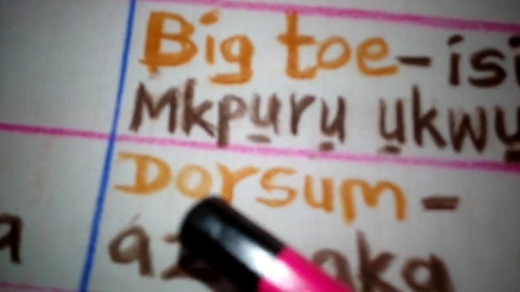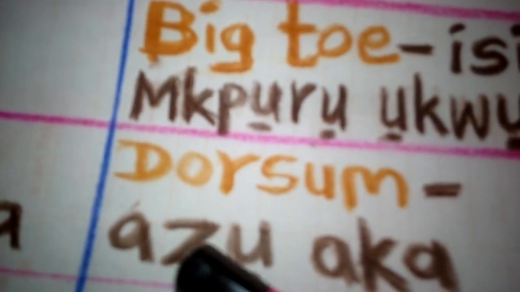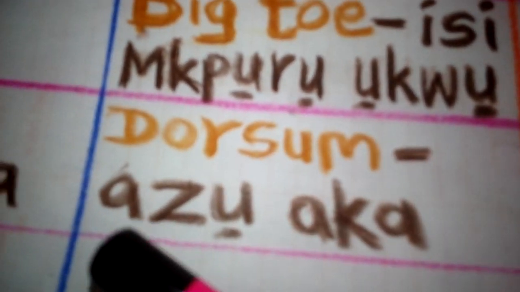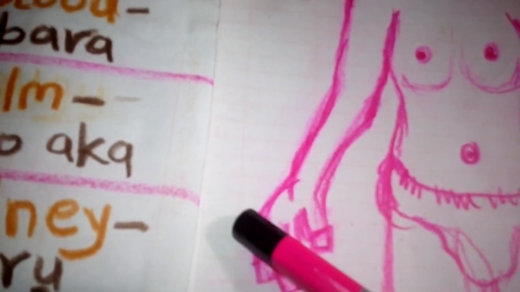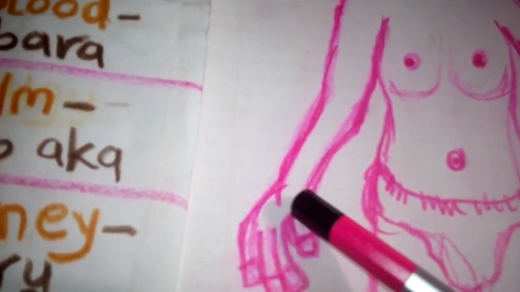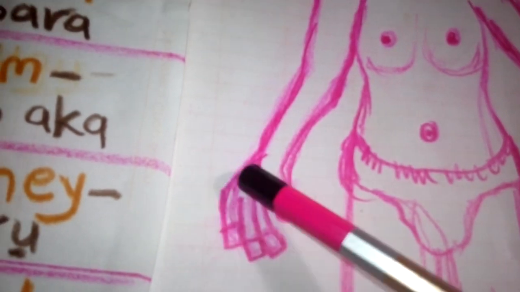Dorsum is a Latin word for back. So azu aka, that's the back of your hand. Dorsum is referred to as a back. Azu aka is dorsum in English.